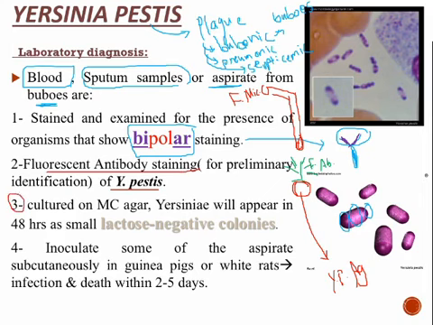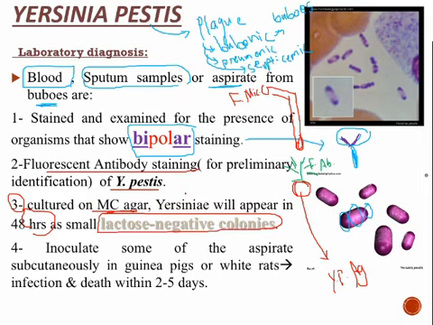The third test we can do is culturing on MacConkey's agar. Yersinia pestis actually grows after 48 hours on MacConkey's agar and produces lactose-negative colonies. I will remind you that MacConkey's agar only allows gram-negative bacteria to grow, plus it differentiates between lactose fermenting and lactose non-fermenting bacteria.